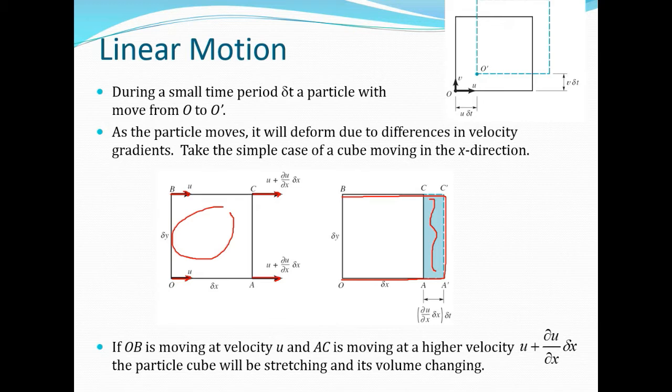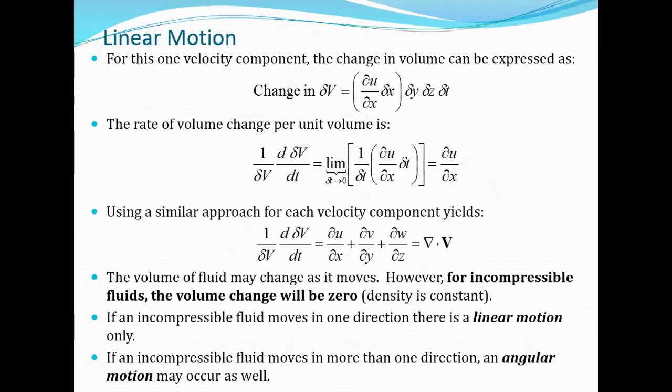Now, if we took a look at this, we could say that the velocity on the outer side is u, the velocity on the inner side, plus the change over x times dx. So for the one velocity component in the x direction, the change in volume of this small square or cube would be this change in the velocity times the area, which is dy times dz, times the time over which this was occurring. That would be the change in volume.